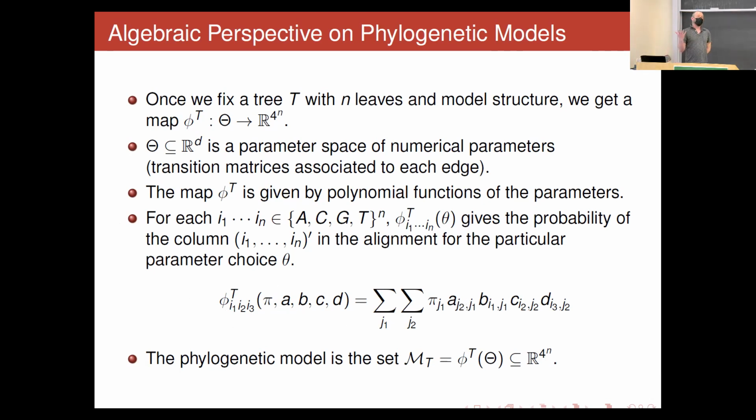So then I can think about the model, which is the image of this map, as some subset of this high dimensional, 4 to the n dimensional space. It's some complicated semi-algebraic set sitting inside of R to the 4 to the n. And we want to study that object.